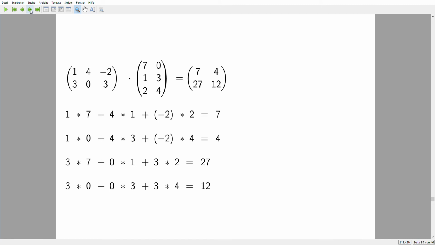Up next, we look at the formal definition of matrix multiplication.